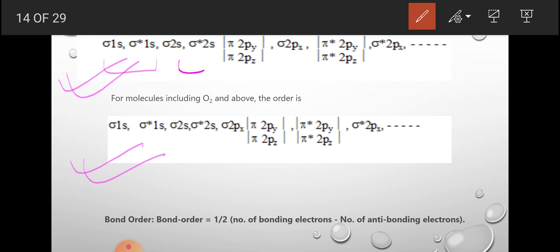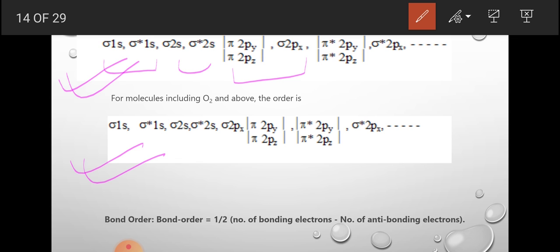1s, 2s, 2p. Okay, only this much is sufficient. We are not going to deal with very big molecules. So: sigma 1s, sigma star 1s, sigma 2s, sigma star 2s, pi 2py, pi 2pz, sigma 2px.